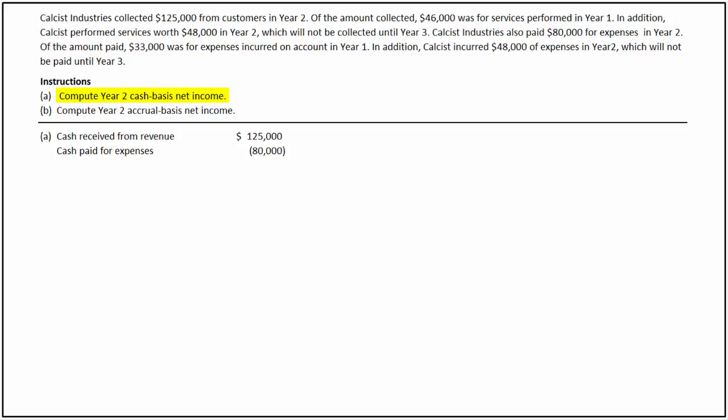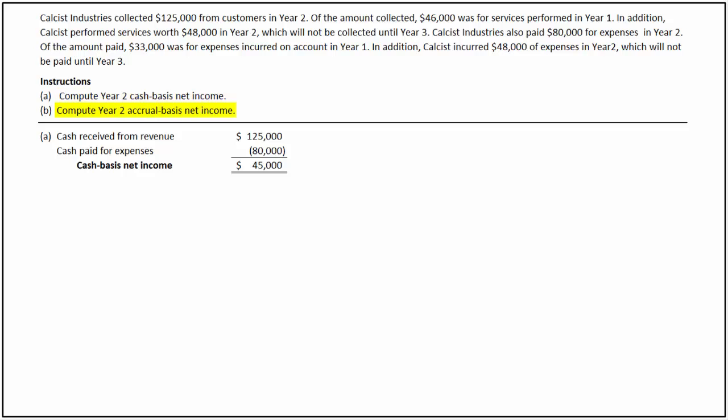Since the payment of $48,000 is not made in year 2, it will not be recorded as expenses in year 2. Thus, the total cash paid for expenses in year 2 is $80,000. By deducting expenses from revenues, we arrive at the net income of $45,000 under the cash basis of accounting.